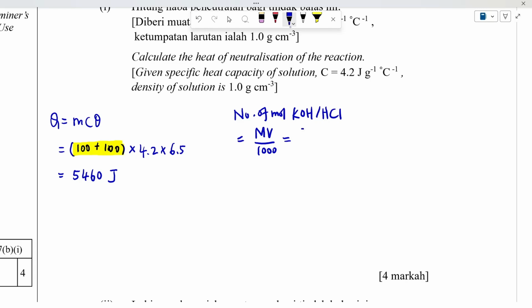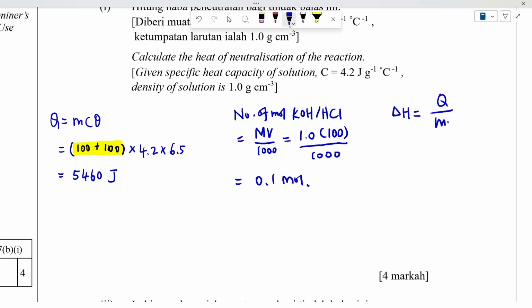Concentration 0.1, V is 100, over 1000. So you get 0.1 mole. For acid and alkali are the same. Then finally we can calculate the delta H.